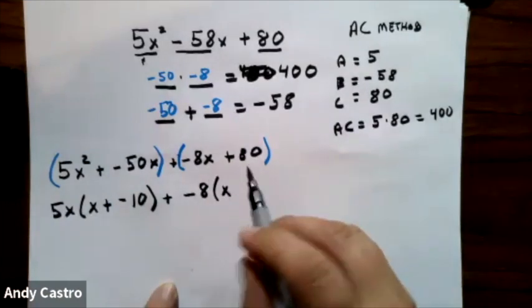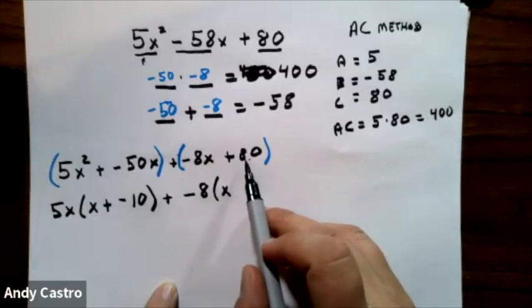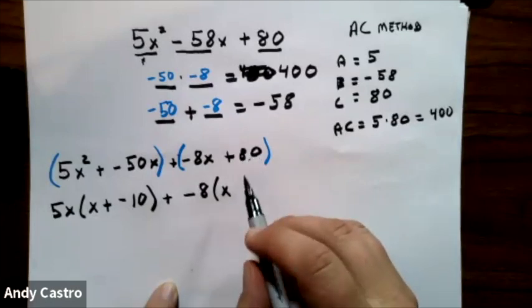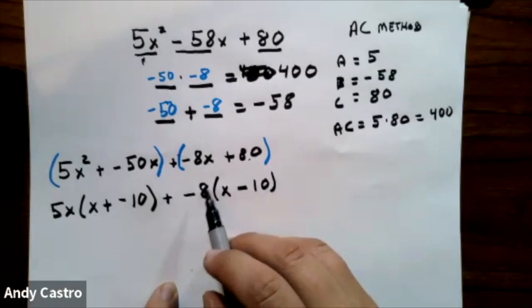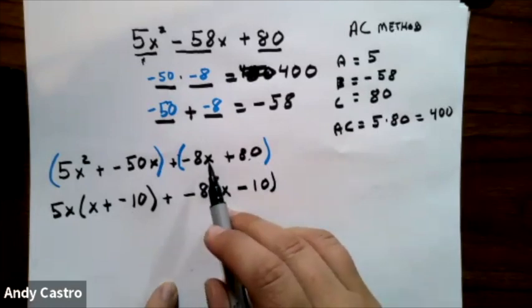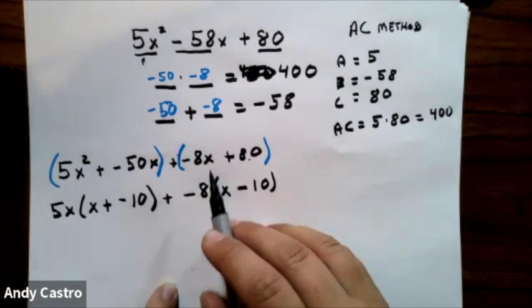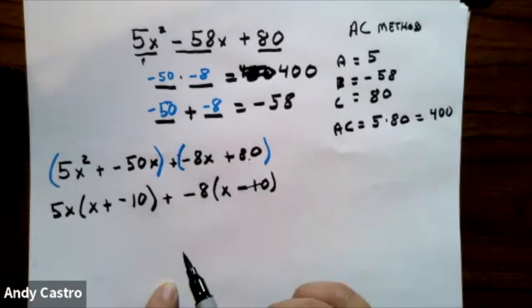The x will be left. And then plus 80. If I take negative 8 out of 80, I'm left with a negative 10, because negative 8 times x is negative 8x, and negative 8 times negative 10 gives me a positive 80.